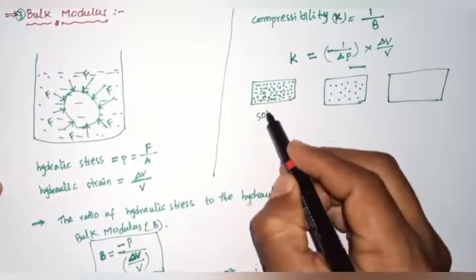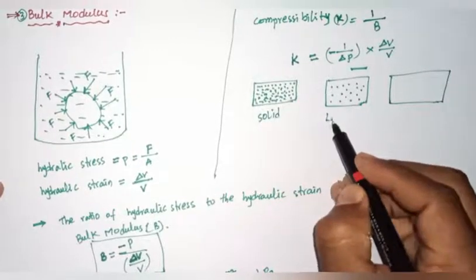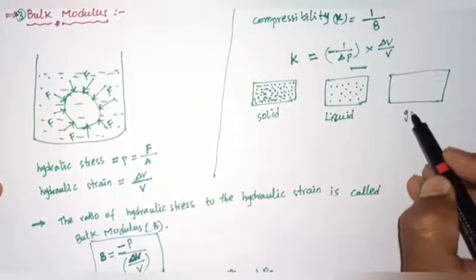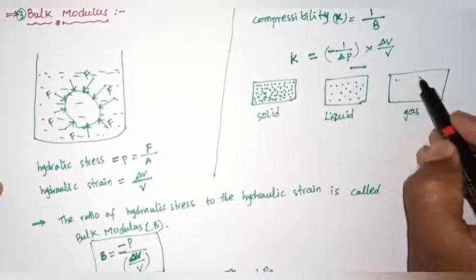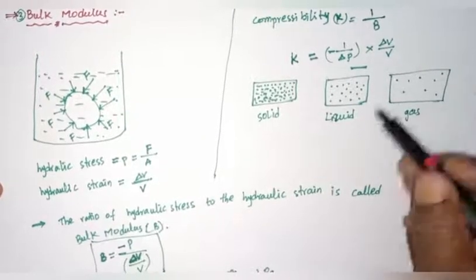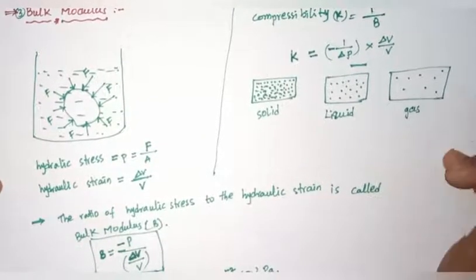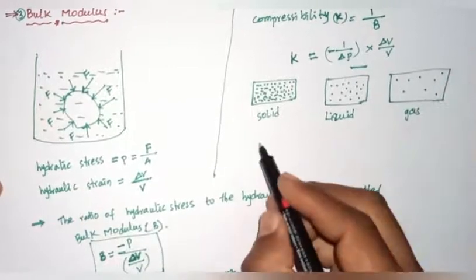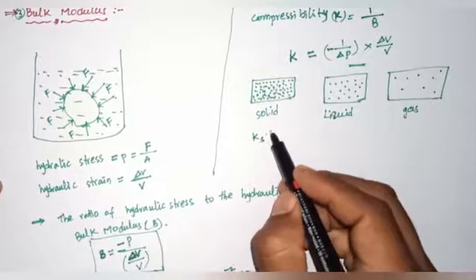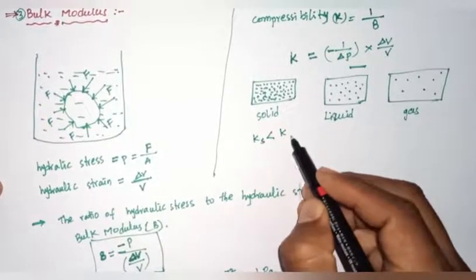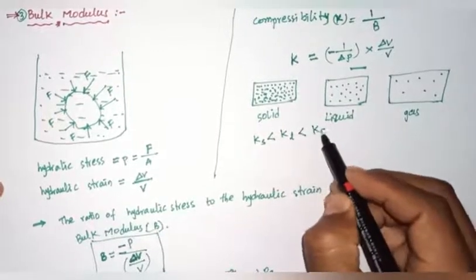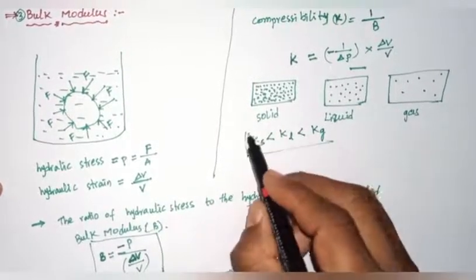So this is solid, this is liquid, and this is gas. For gas, the particles, atoms are at a large distance, so compressibility is more. Compressibility of solids is less than that of liquids, which is less than that of gases. So this is the relation.